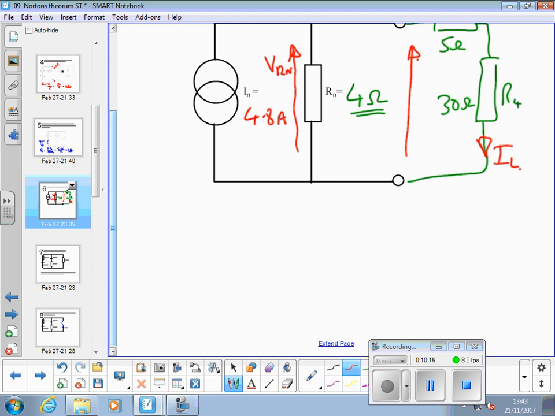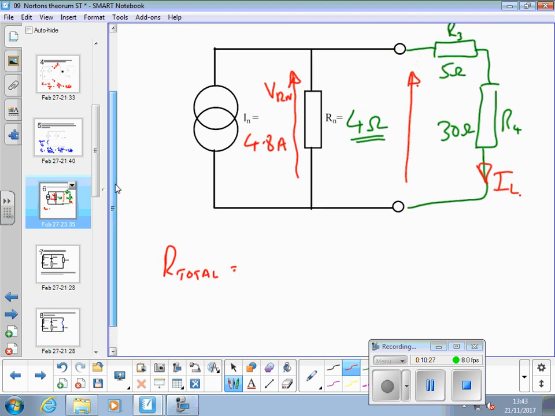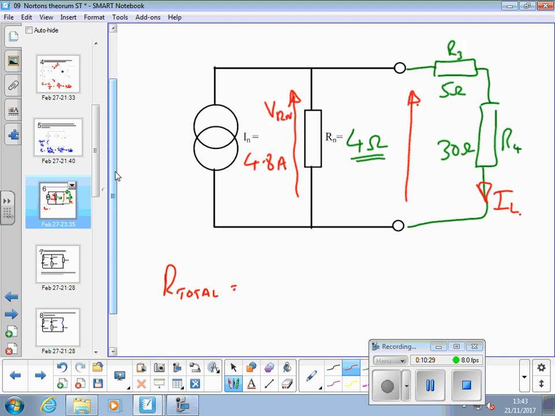What I need to do first, which is Rn times R3 plus R4, because they're in series, divided by Rn plus R3 plus R4.